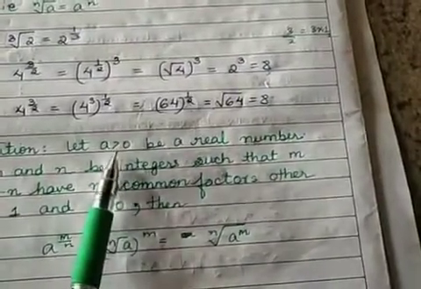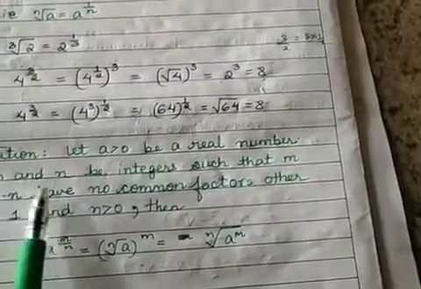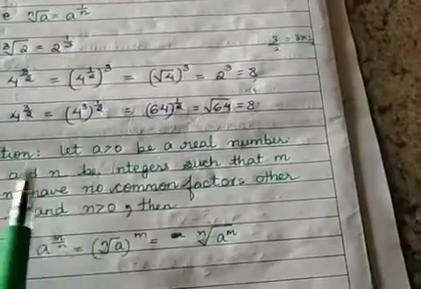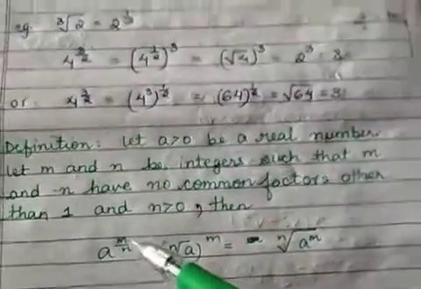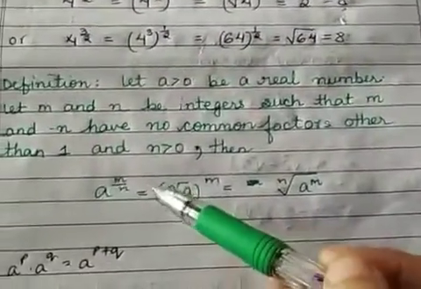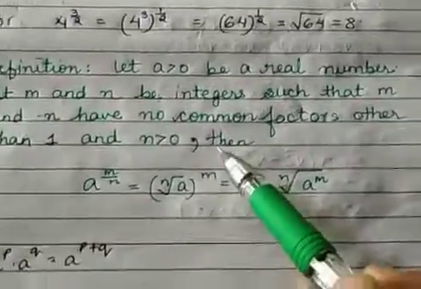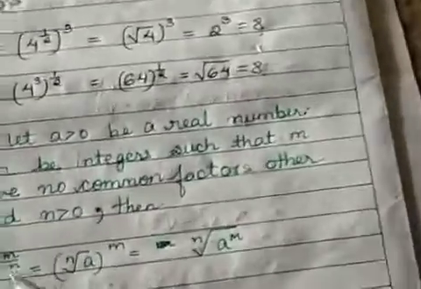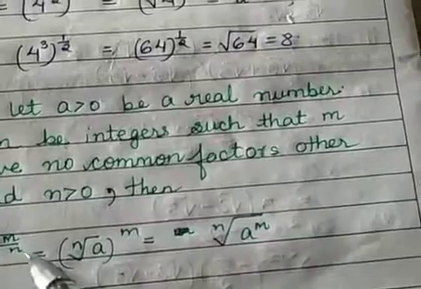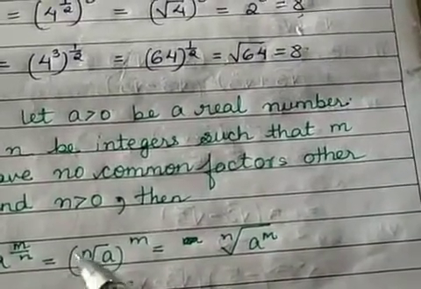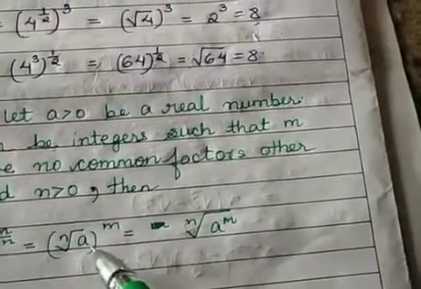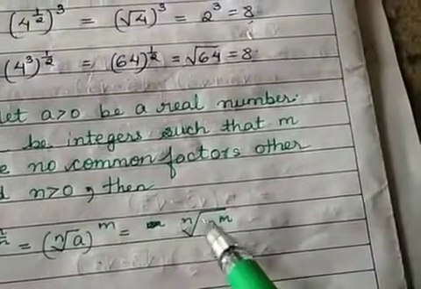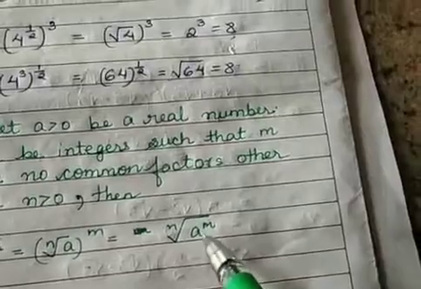So you have a real number and two integers m and n, and these integers m and n have no other common factors than 1, meaning they are co-prime. Then you can write a raised to m upon n as nth root of a raised to m, or you can also write it as nth root of a, raised to m.